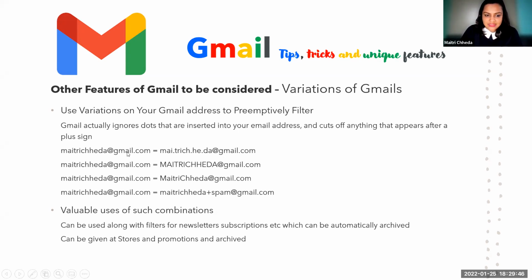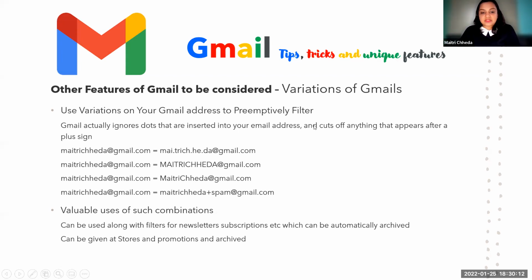So if it's maitri@gmail.com, and this particular ID, mai.tri.chh, everything for Gmail is maitri@gmail.com. In caps, or proper caps, or even if I do Maitri plus spam, with this plus sign, if I do anything, everything is treated as maitri@gmail.com only.